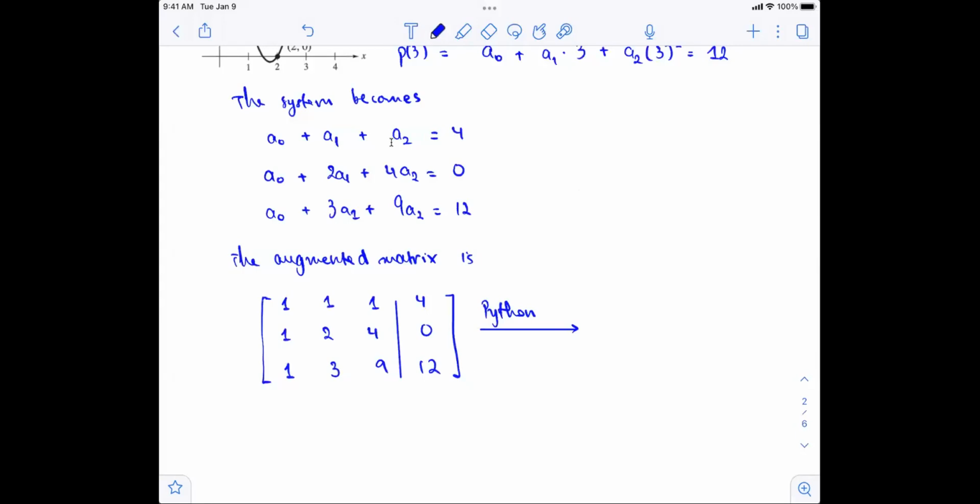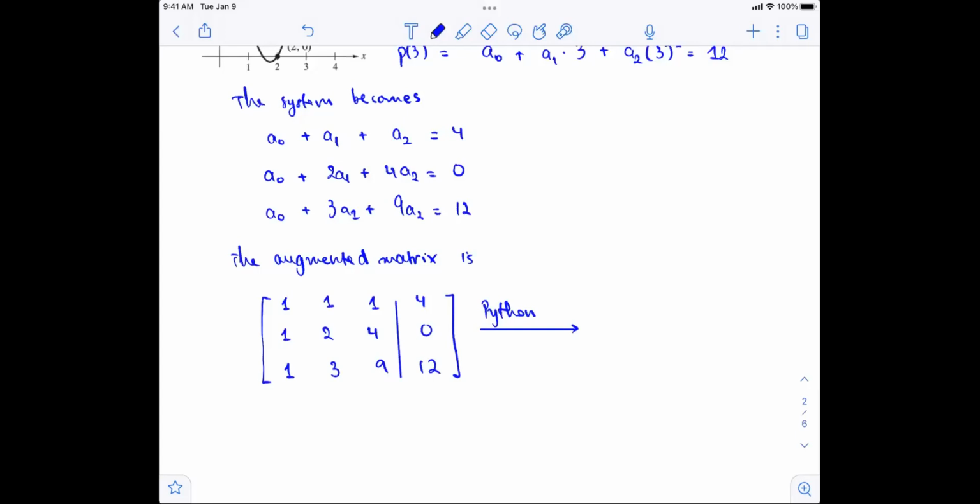So numpy is the numerical library, and sympy is the symbolic library. So we do from numpy import star, and from sympy import star as well.